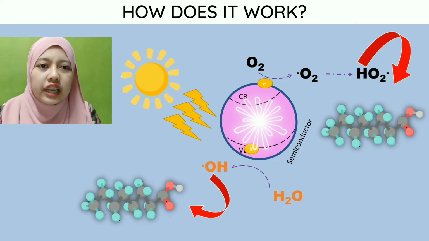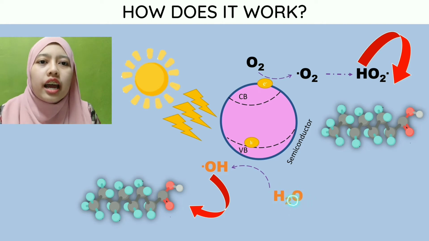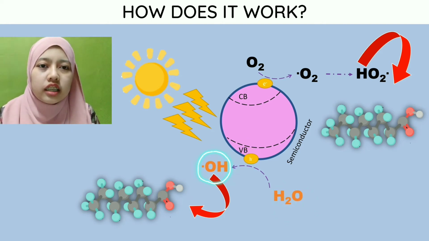Moreover, the surface of the titanium dioxide becomes positively charged and takes electrons from moisture in the air, and the moisture that has lost electrons becomes hydroxyl radicals. The superoxide anions and hydroxyl radicals, by their power of oxidation, decompose organic compounds.